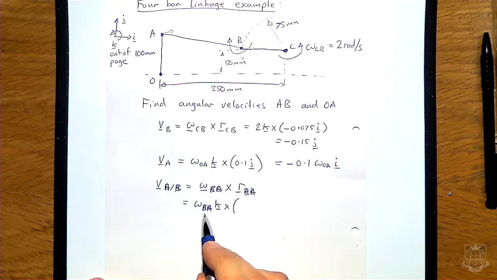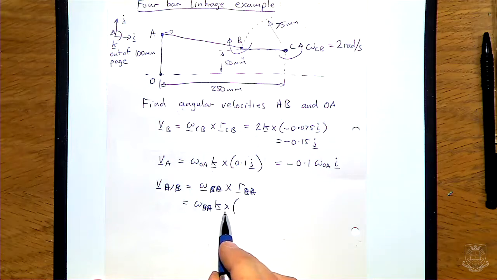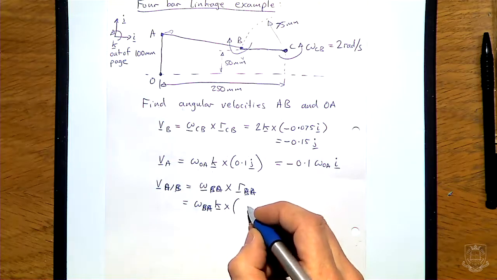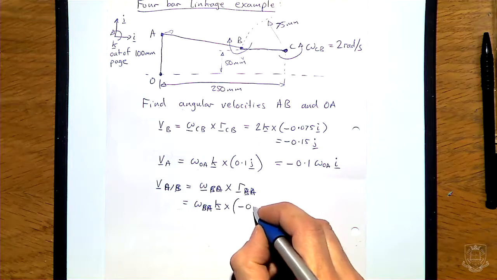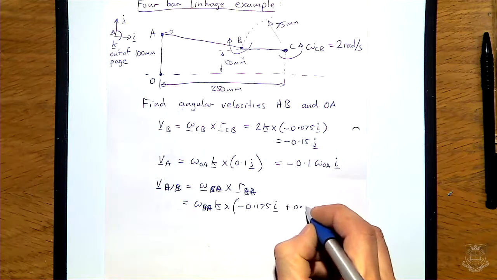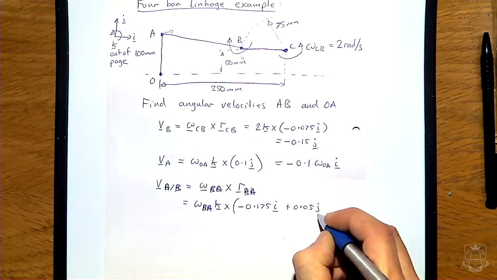And so now here I've got scalar omega BA K crossed with, well, the dimensions I've got are minus 0.175 in the I direction and plus 0.05 in the j direction.